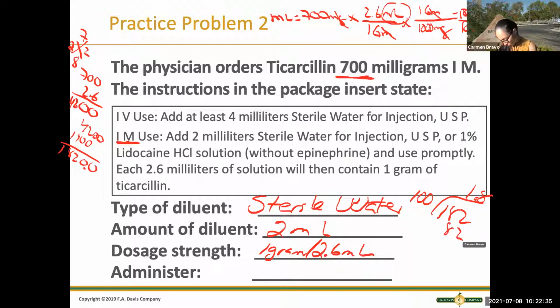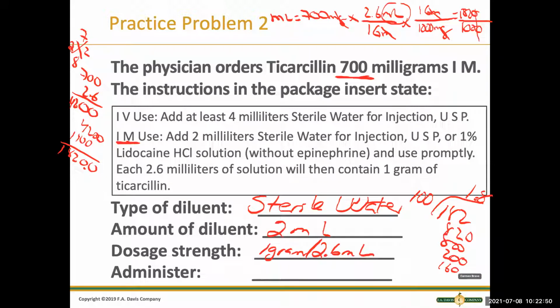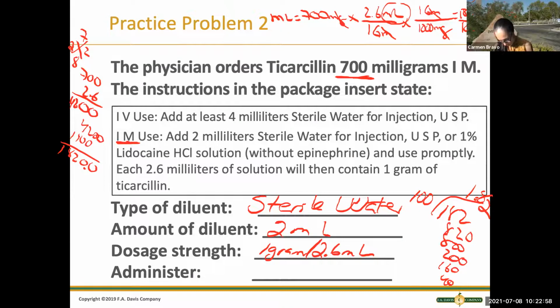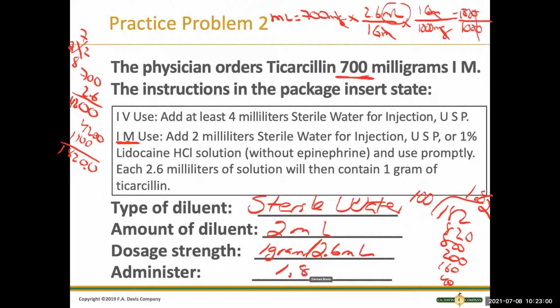So then it's 800, I got 20, and then so when you round the 1.82, you would administer just 1.8. Mhm. So that 0.02 that you would leave out doesn't affect it.